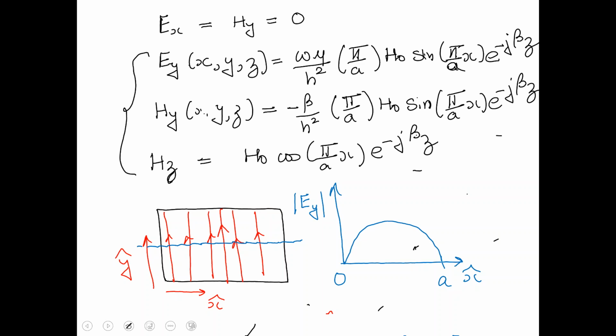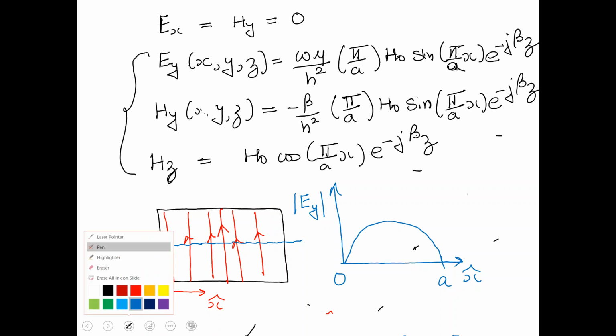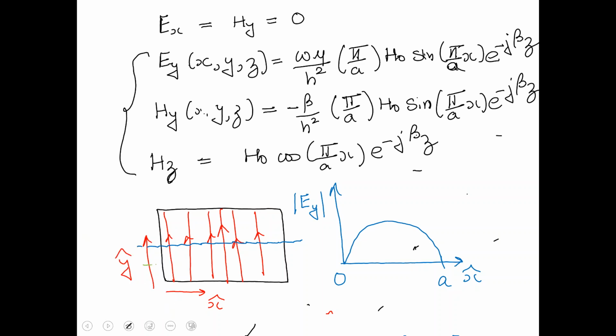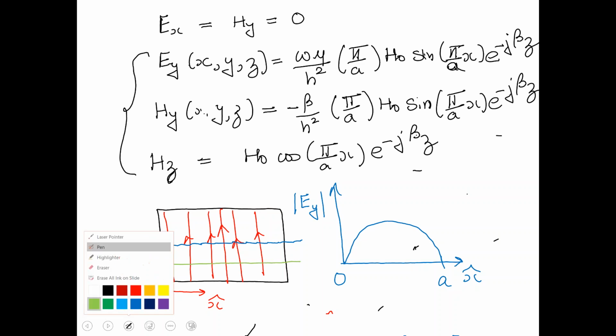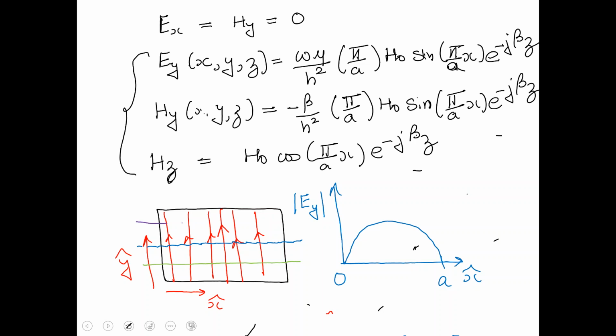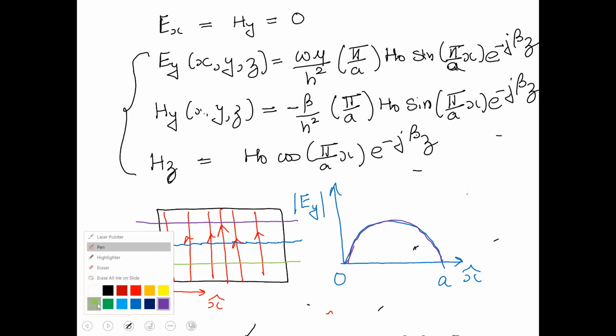If I took a cut in another place, let's say took a cut here or took a cut at another place over here, then even if I take a cut across these different planes, the field is going to look exactly the same. It does not vary in y direction.